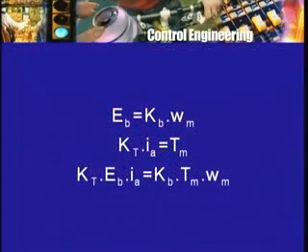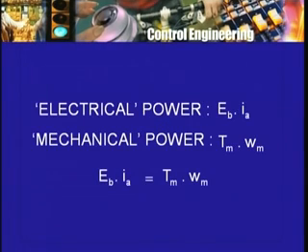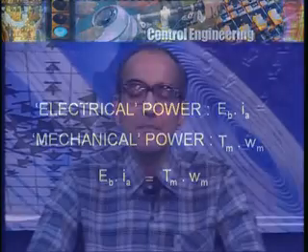On the other side you have torque, Newton meters, and angular speed, and their product is also power. That's the power in a mechanical system. And so you have electric power on one side and mechanical power on the other side. Now if Kt is equal to Kb, this means that these two powers are equal.